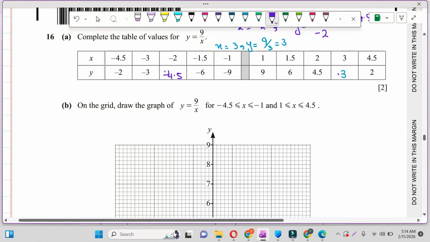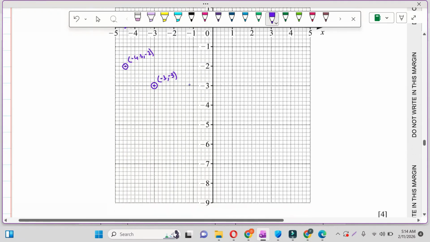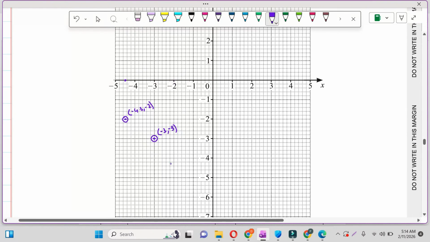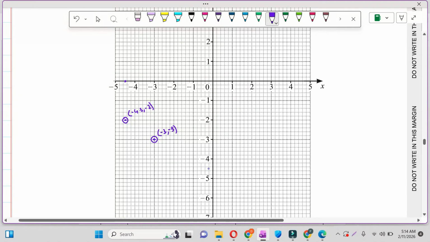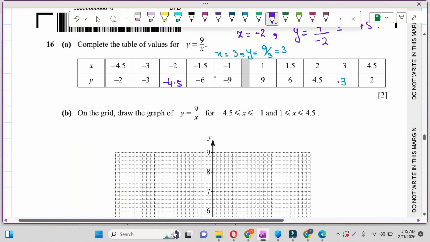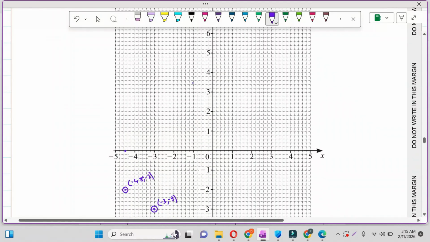Now when we have the x coordinate negative 2, we have the y coordinate negative 4.5. This one is the mid value. So this one is negative 2 and negative 4.5. Now when x is negative 1.5, we have the y coordinate negative 6.